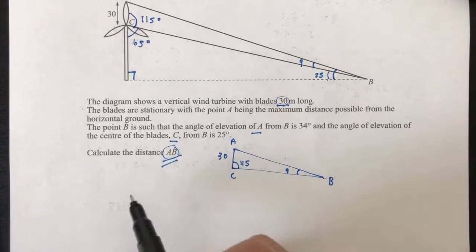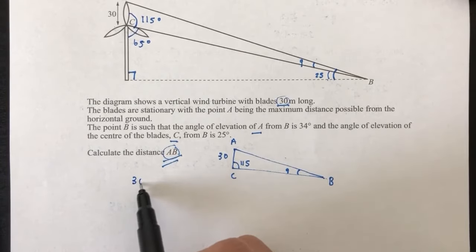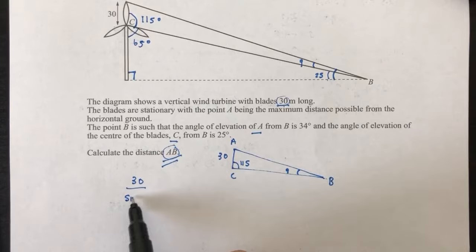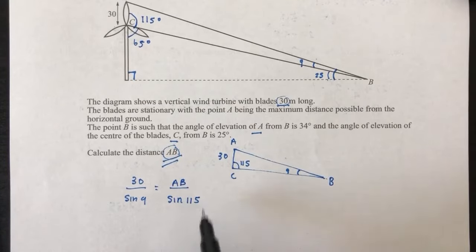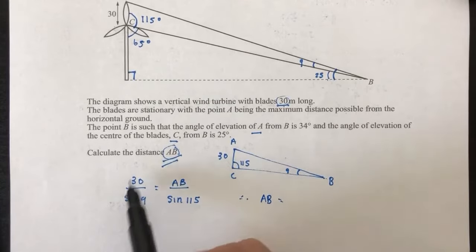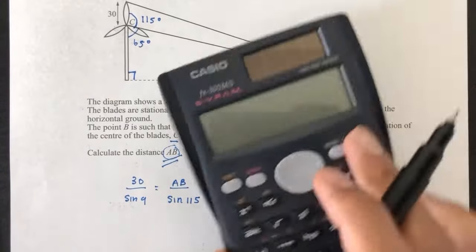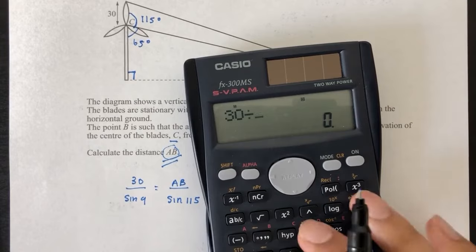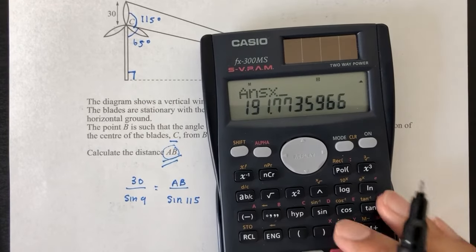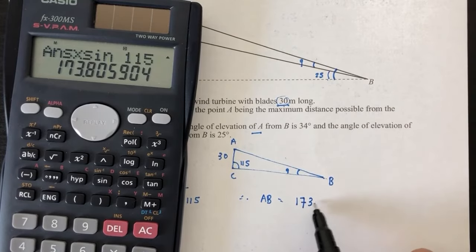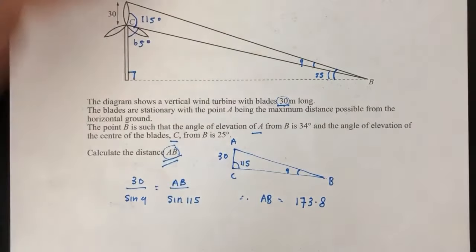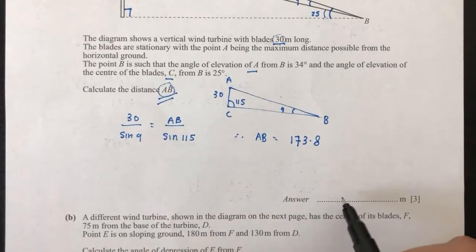We say 30 over sine of 9 equal to AB over the sine of 115. So AB will be 30 divided by sine 9 times sine 115. That will be 173.8. So that is the length of AB, 173.8.